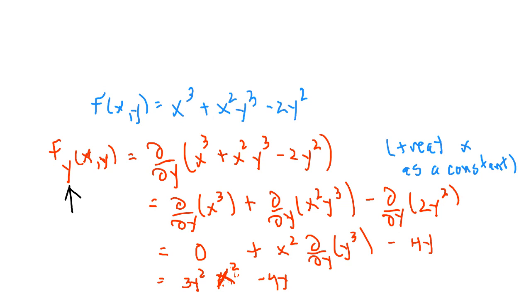And if you evaluate the partial derivative with respect to y at the point (1, 2), we get, do we get 8? Let's see, that's 3 times 1 squared times 2 squared.